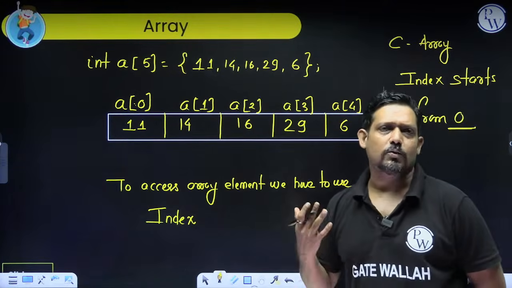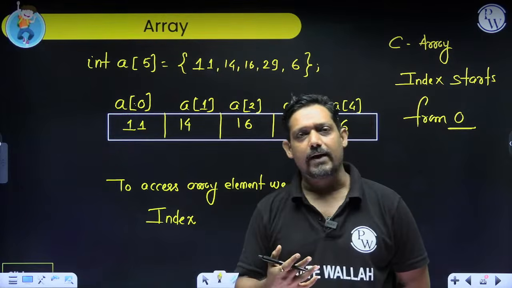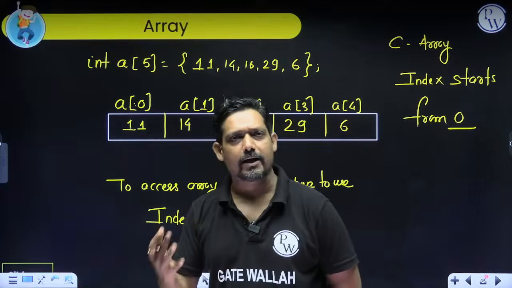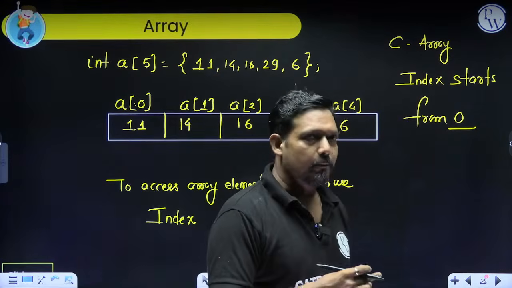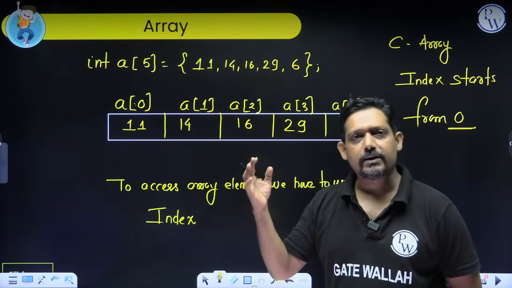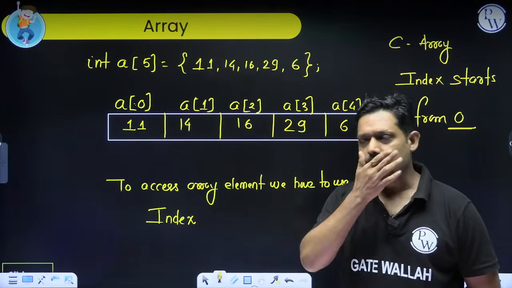Now the obvious question: why 0, sir, why not 1? In our entire life we started counting from 1 and ignored the 0, even though India discovered the 0. So why are we starting from 0? Even as a first year student, I found it very confusing.